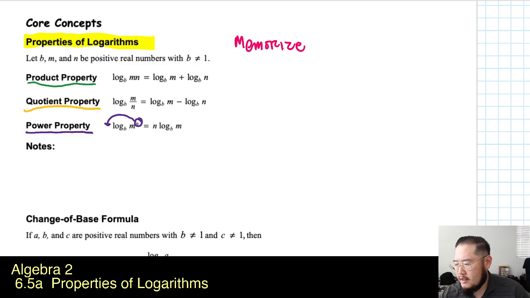And that is what they're trying to show you in the power property for our logarithm. Okay, so we're going to just deal with this core concept right here. We'll come back to the change of base come day 2.